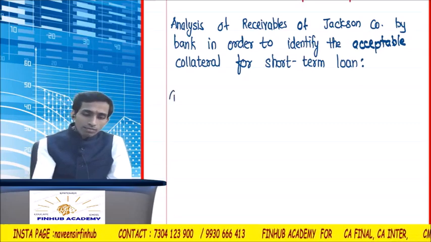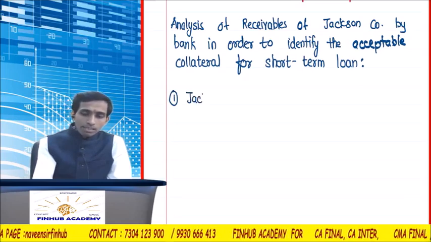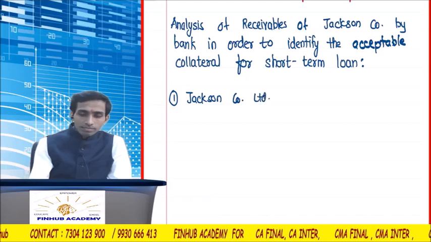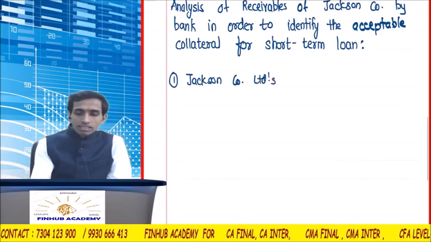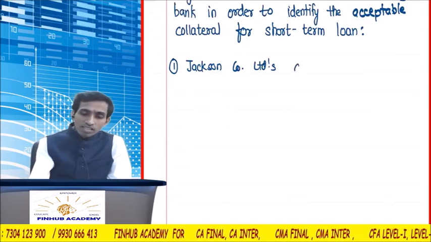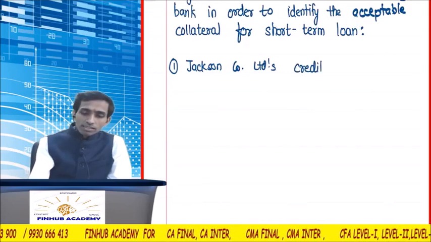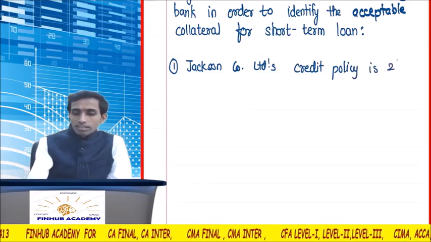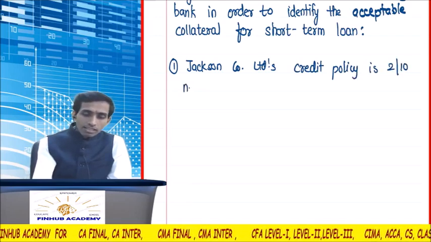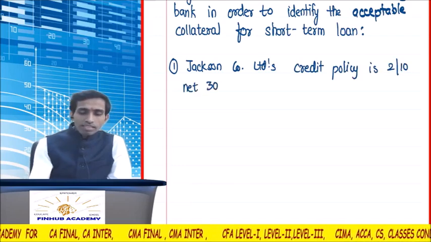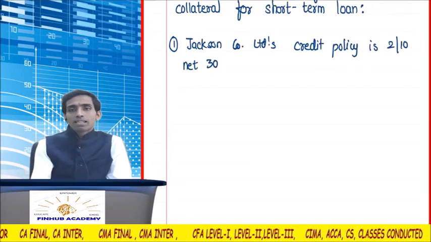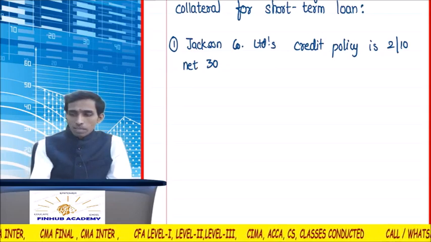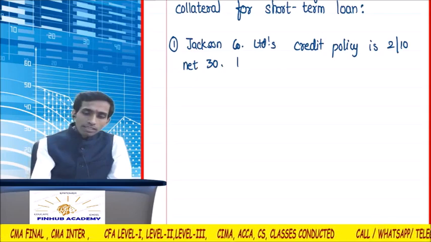First, Jackson Company Limited's credit policy is 2 by 10, net 30. Full stop. Continue.